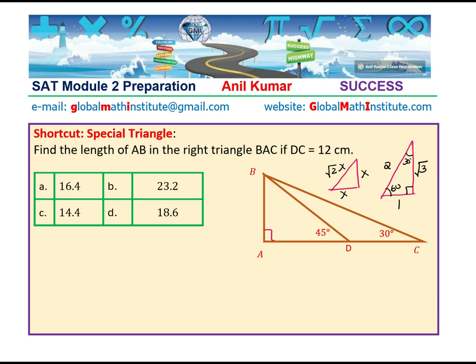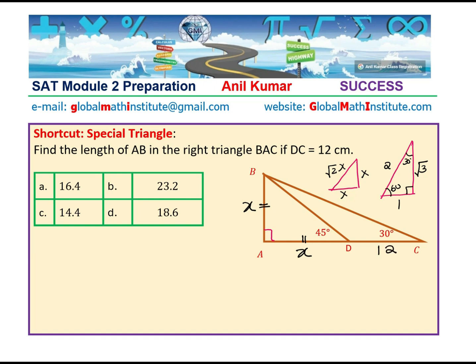Now, this should help you to directly get the answer. Let us see how. We want to find AB, so let AB be x. And AB is the same as AD, which is also x. The length DC is given to us as 12. Is that clear to you?